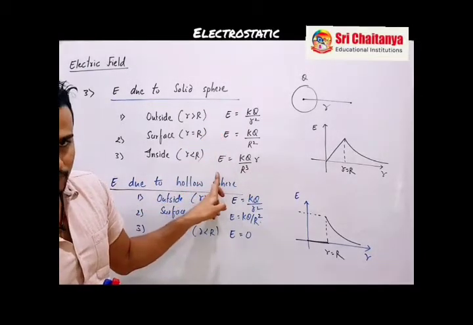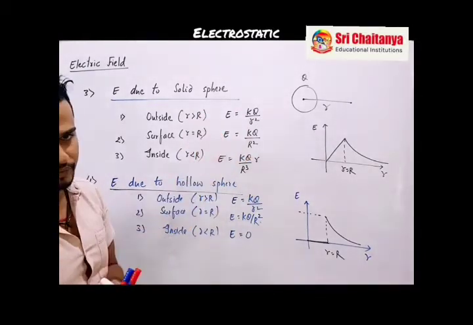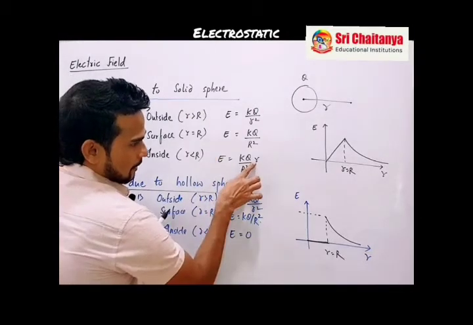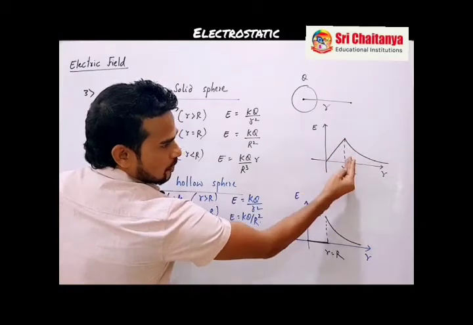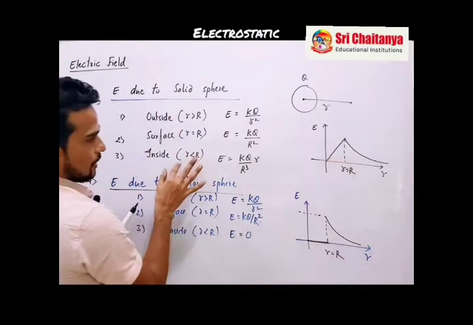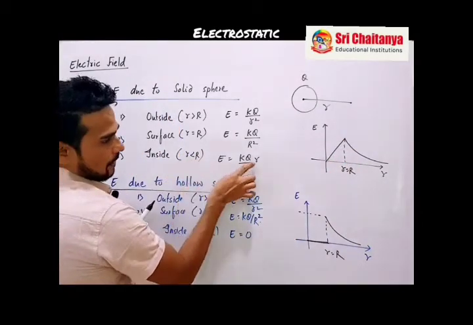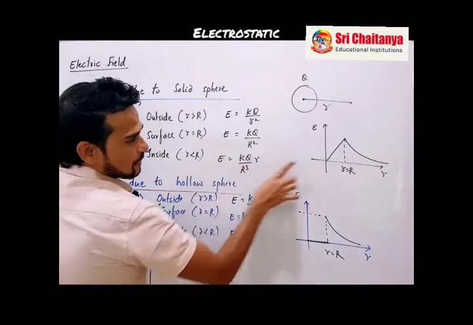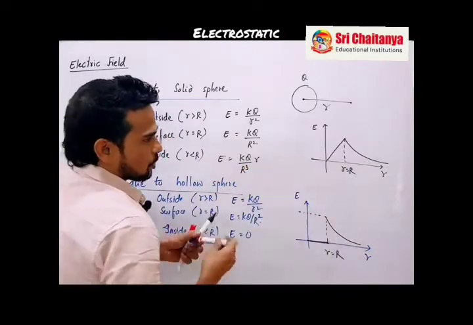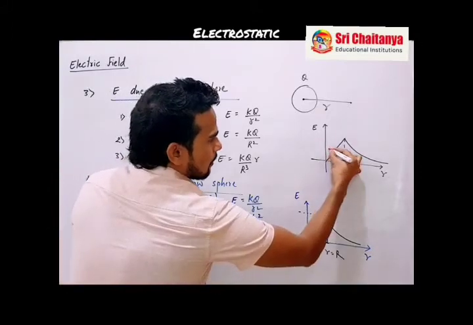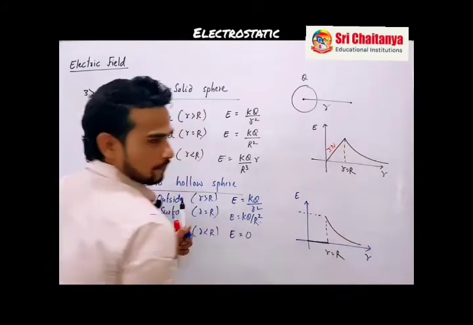If you see this and this two results, outside your variation is inverse, but inside the variation is direct. So from here if you draw the graph, inside, till r is equal to R, before this r will be less than R, that is your inside. You can see the variation is linear, that's why you are getting the graph as a straight line, and this portion represents the region inside.